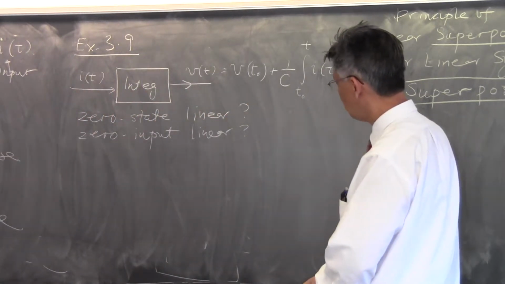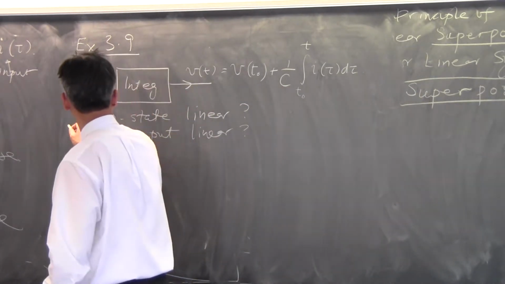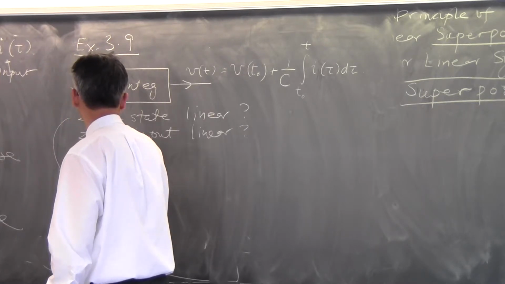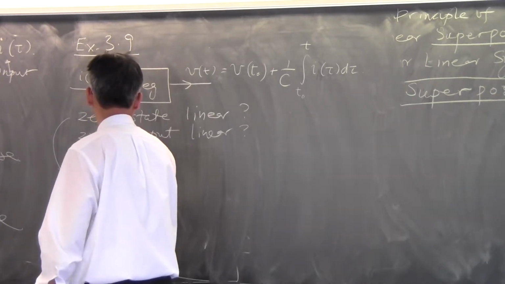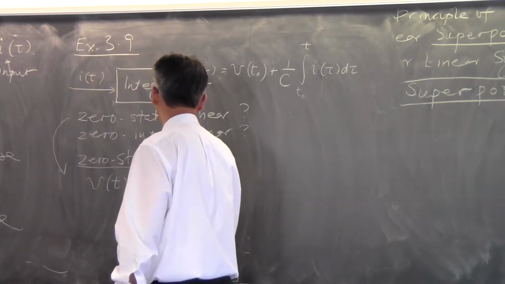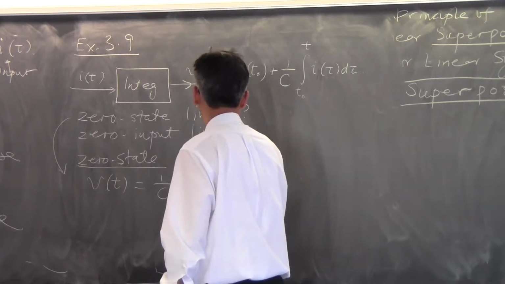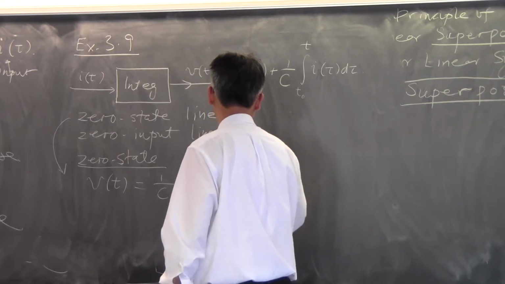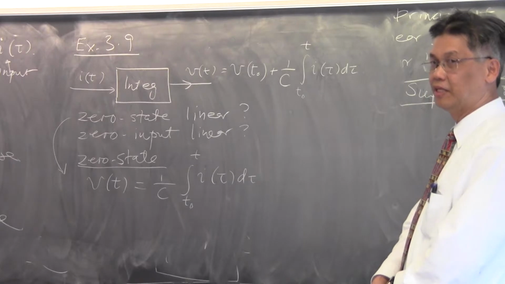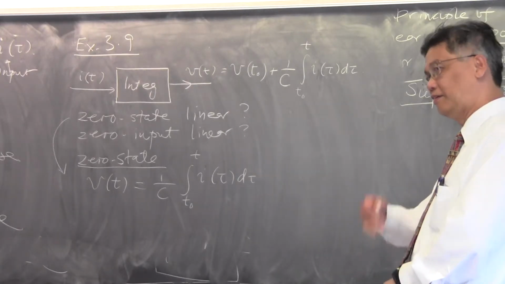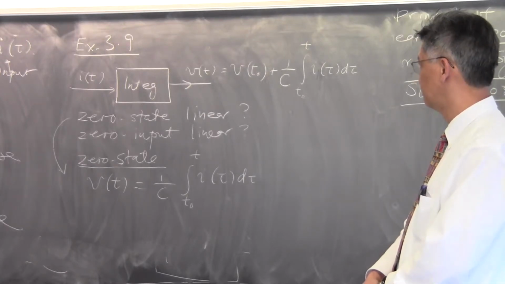If it's a zero state system, then the output is just related to the input via this equation over here. If it's really zero state, that means it has no initial state. The state refers to the state of the system before you put anything into the system.